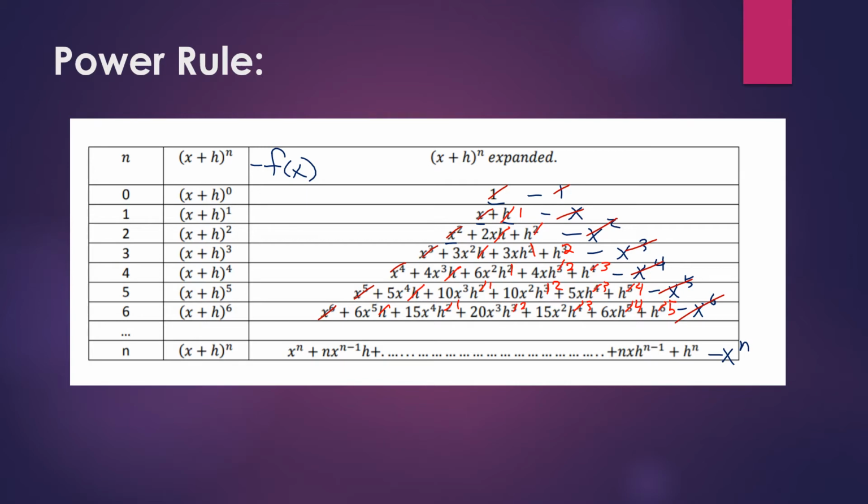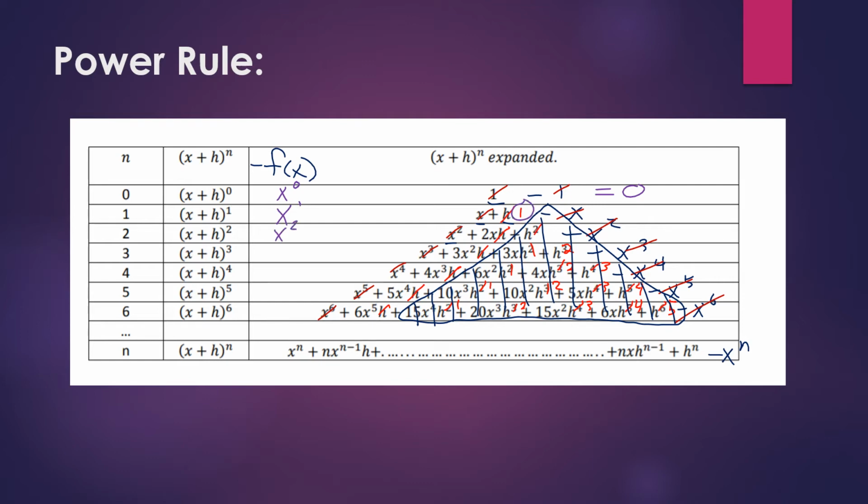So what still has an h in it? Well, it would be all of these guys. All of these guys still have an h, meaning when I plug in 0 for h, they go away. So what am I left with? Well, I'm left with the derivative. So if my function was x to the 0, I'd be given 0. That was a constant. X to the 1, I'm left with just 1.